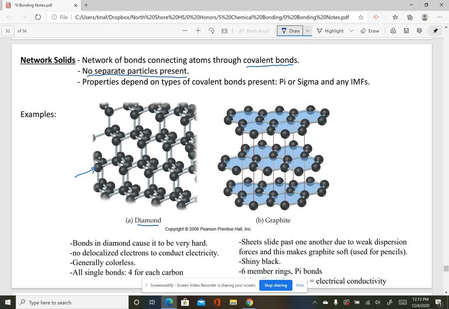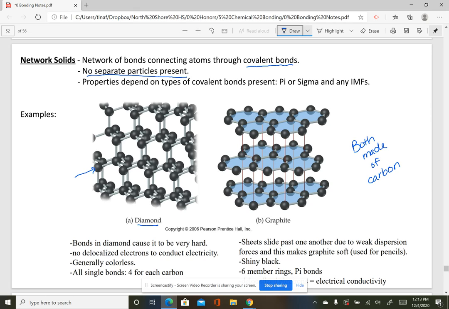Over here, I have graphite. And what's cool about both of these examples is that they're both made of carbon. But if you look at the properties of graphite, you'll see how they're very different from diamond. Graphite is in your pencil. Graphite is black and slippery.